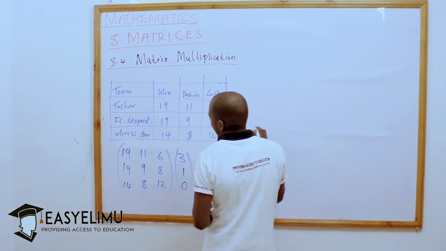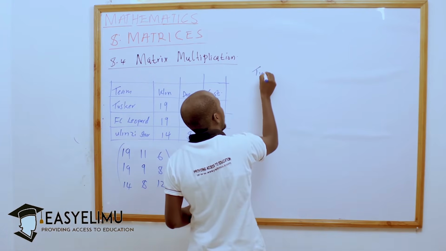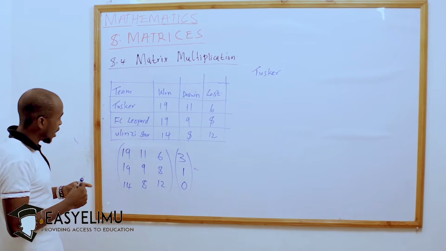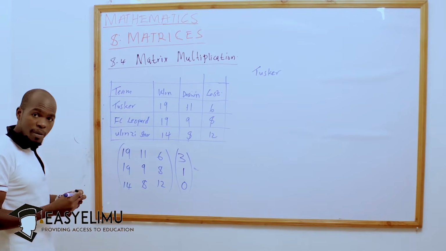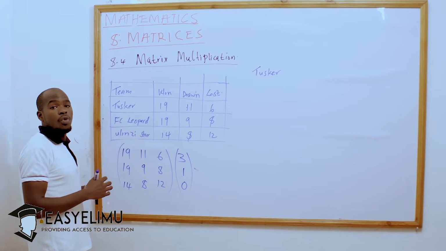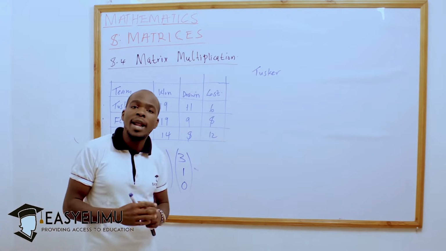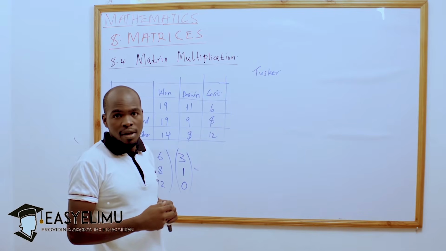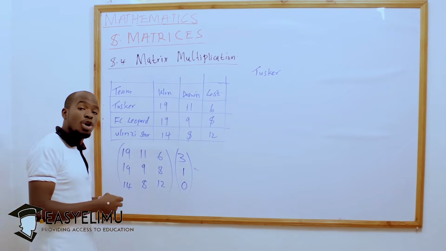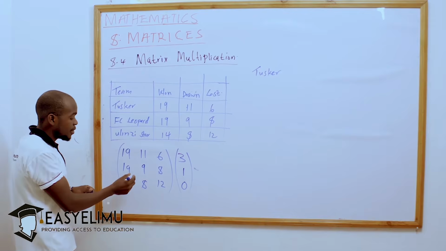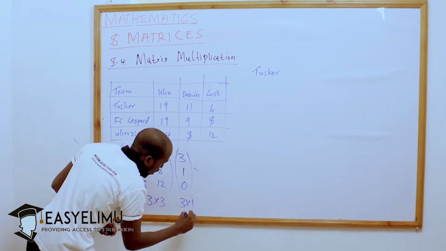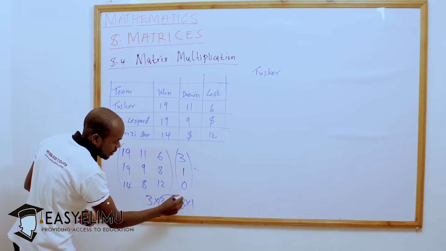We shall start with the first one, Tusker. In multiplication of matrices, the first thing we consider is the order. We only multiply if the orders are compatible. For this case we have 3 by 3 and this one is 3 by 1. So as you can see, the orders are compatible.